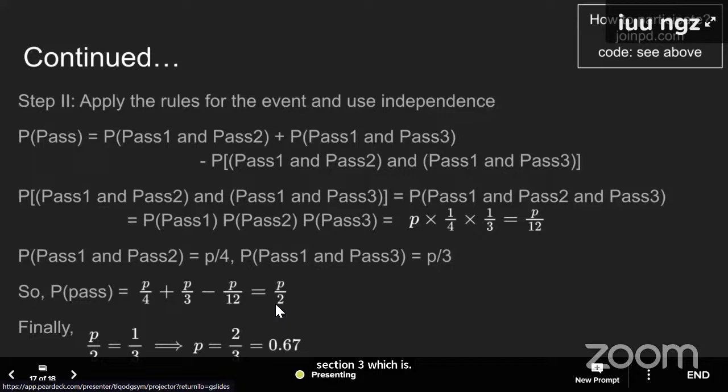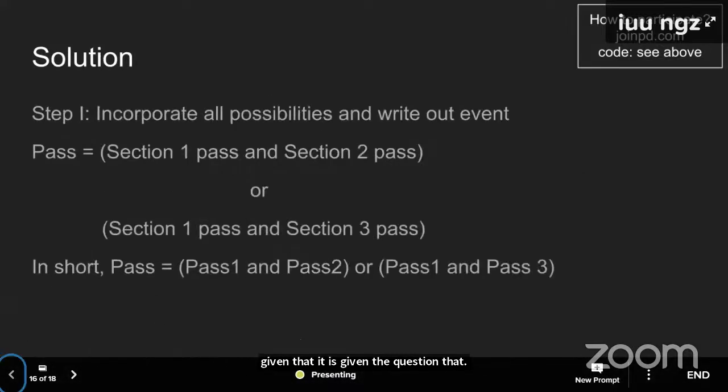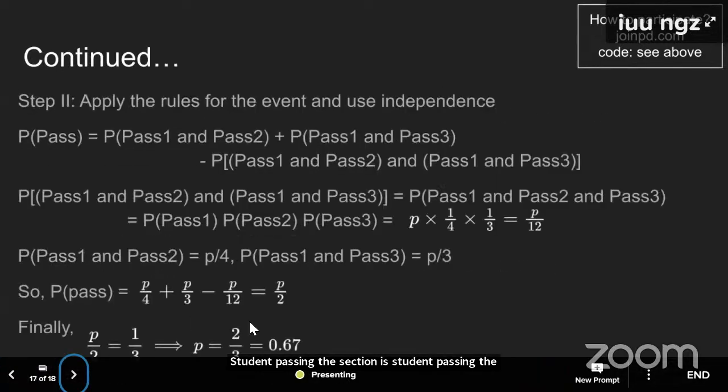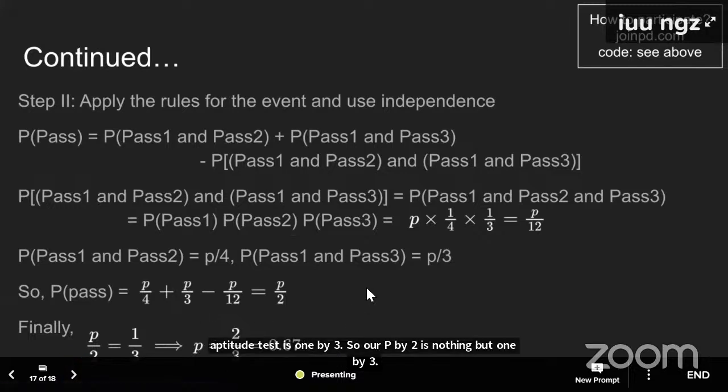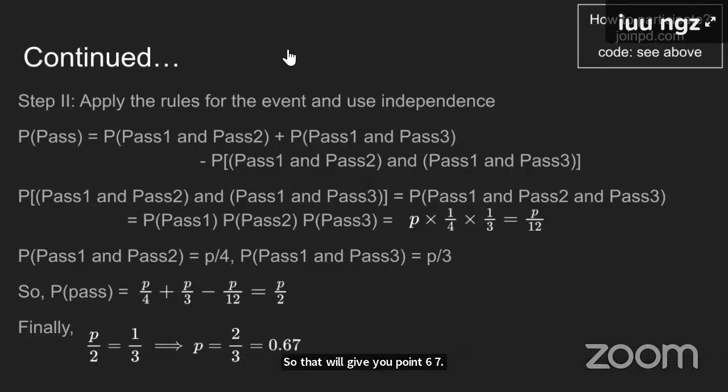So that gives you P by 2. And since it is given in the question that probability of a student passing the aptitude test is 1/3, our P by 2 is nothing but 1/3. So that will give you 0.67. Is it clear to all? Yes.